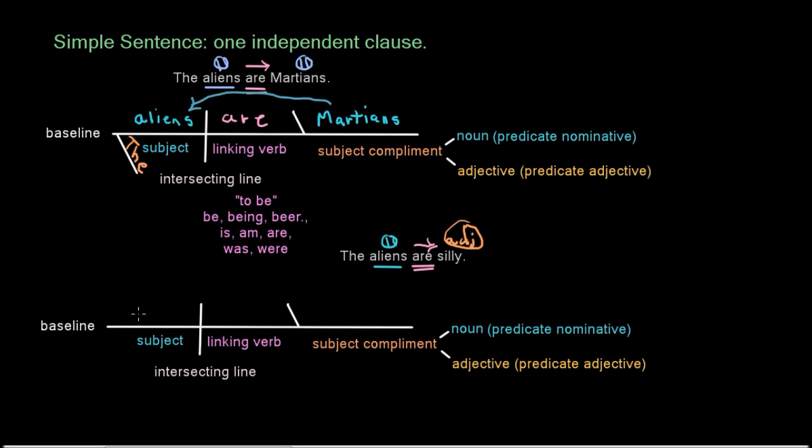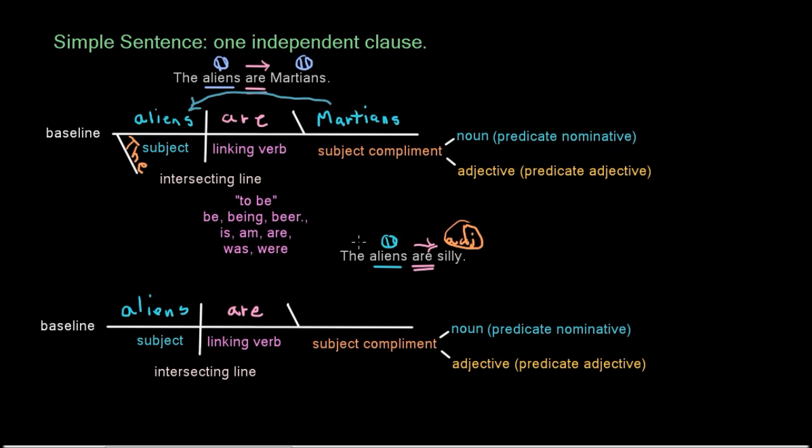Diagramming it, we have aliens for our subject. Are is our linking verb. And our predicate adjective is silly. What kind of aliens do we have?